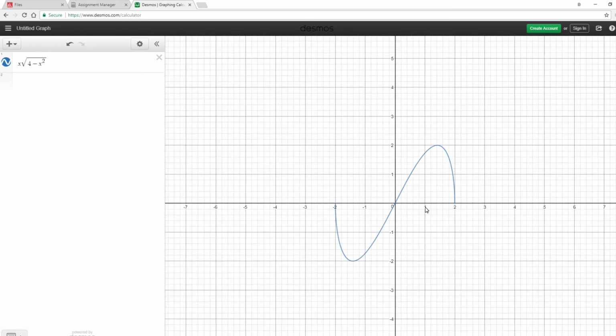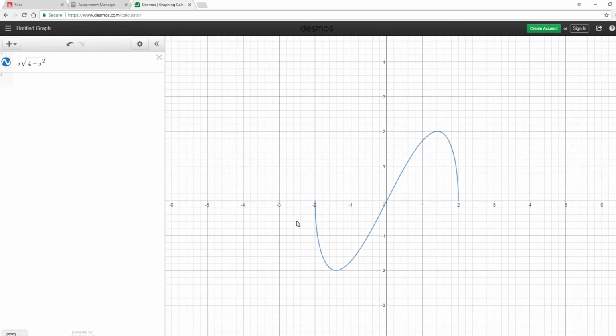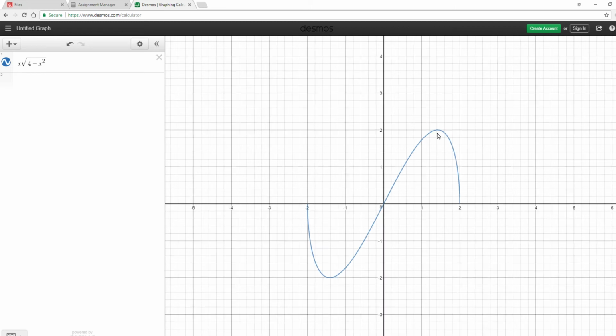Well, looks like I actually have a function and we need to know some things about it. Is there a relative max, relative min? Yeah, not only is it relative max or min, it's an absolute min and an absolute max. In other words, yes, it is concave up and down there. Also, this is a point of inflection. It appears that right at x equals 0, there's a point of inflection happening right there.